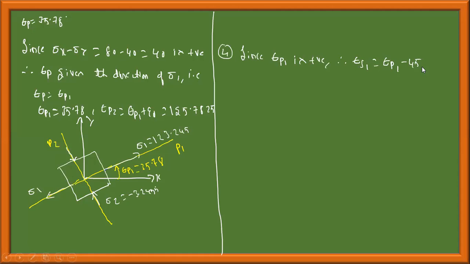Right? We have discussed that. Therefore, theta S1 is equal to theta P1, which is 35.78 minus 45. Can you tell me this? Theta S2 is equal to theta S1 plus 90 degree.